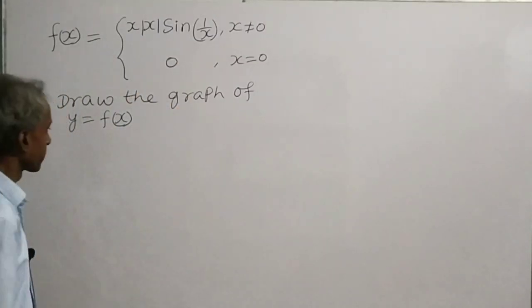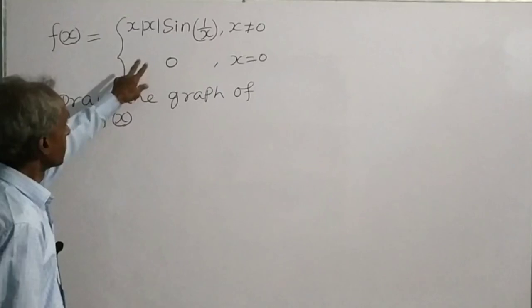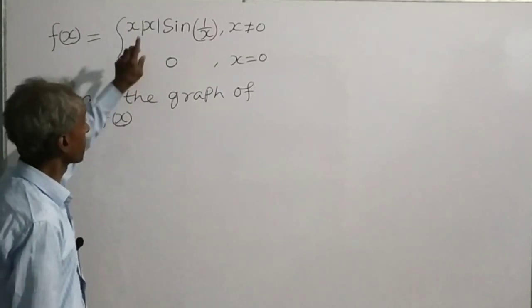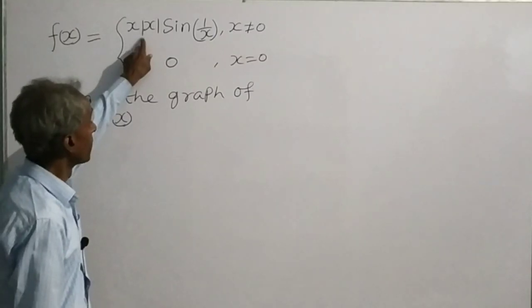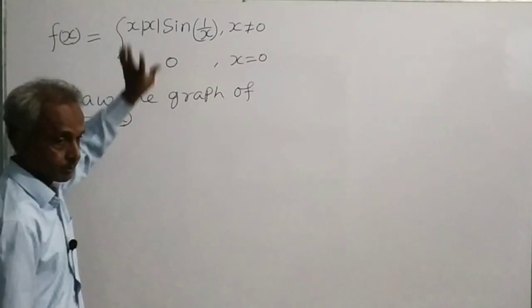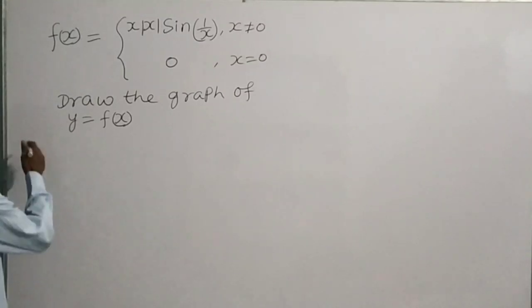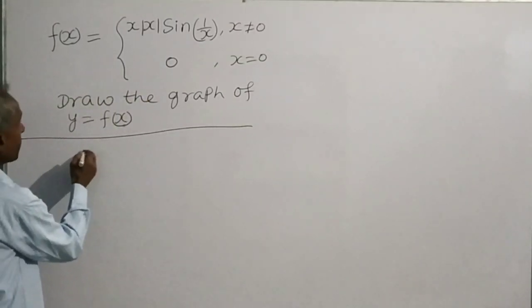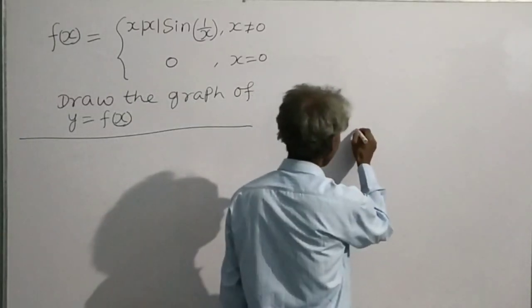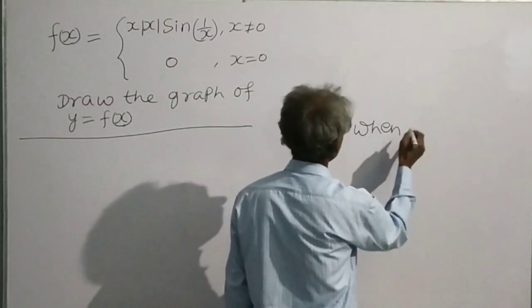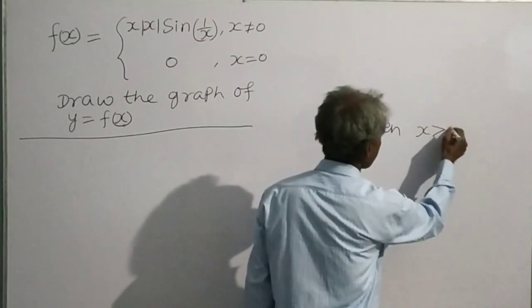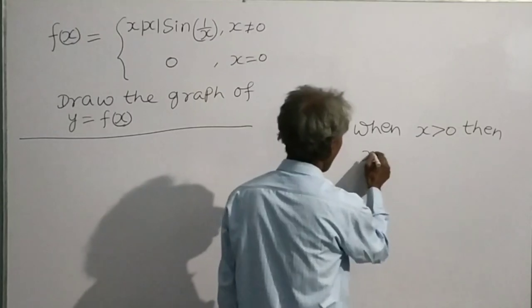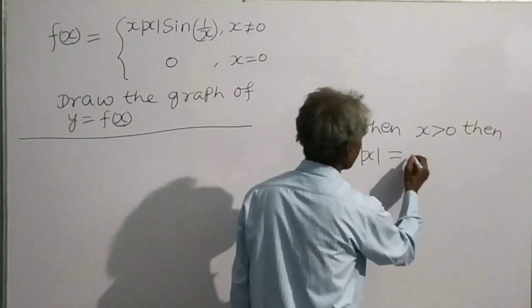For that purpose, first we will write this function after removing the mod written here. When x is positive, then mod x is equal to x.